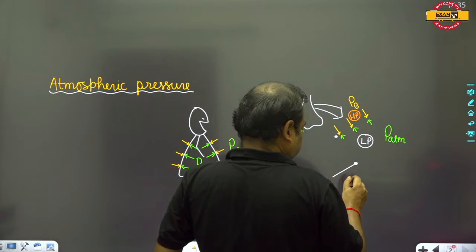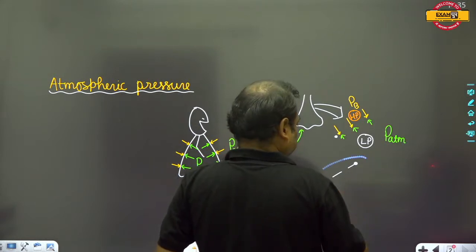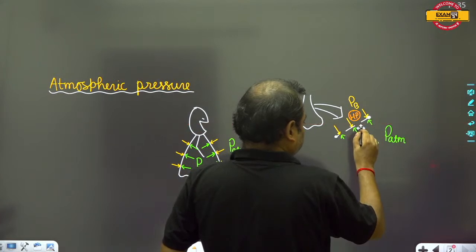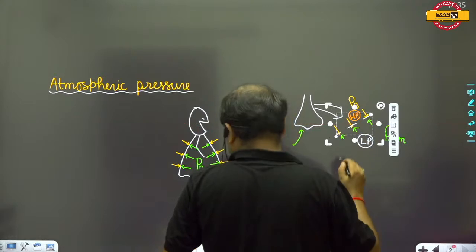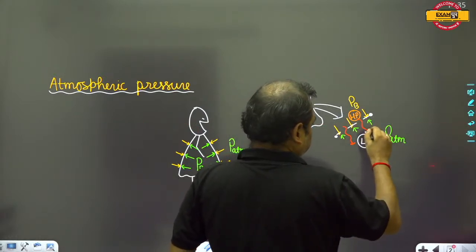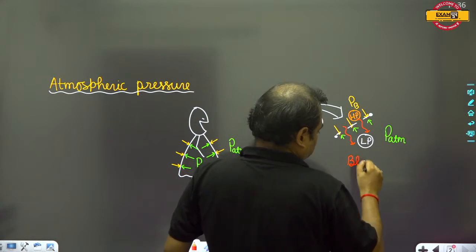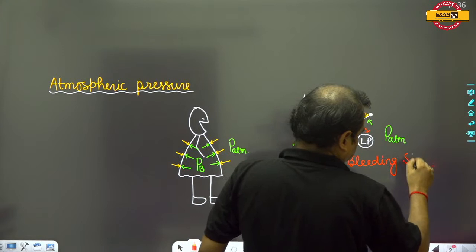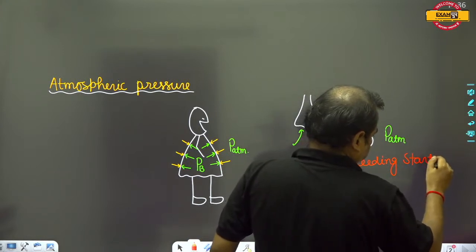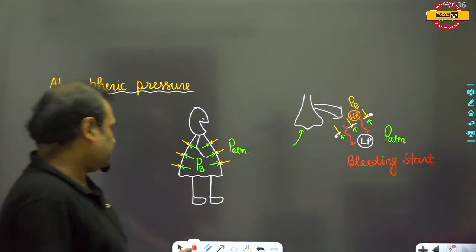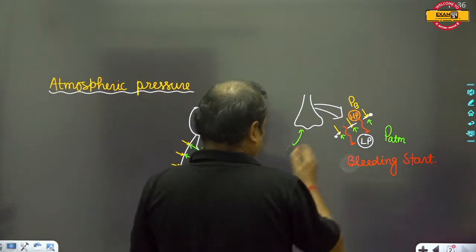In this way bleeding starts. So this is the reason of bleeding at high altitudes while trekking.